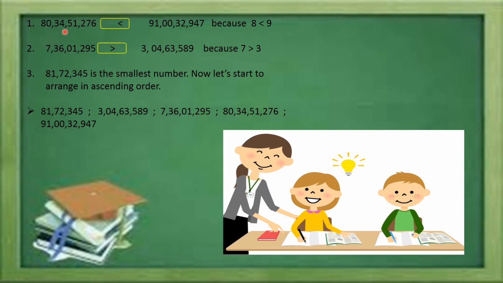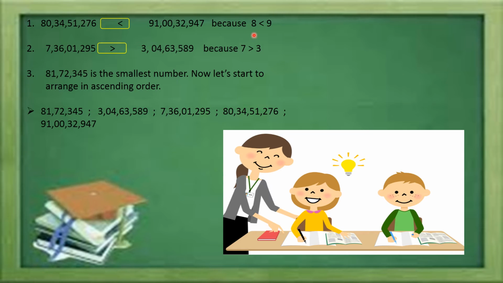80 crore 34 lakh 51,276 and 91 crore 32,947. Between these two numbers, we can see that the very first place digit is different. One consists of 8 and one consists of 9.